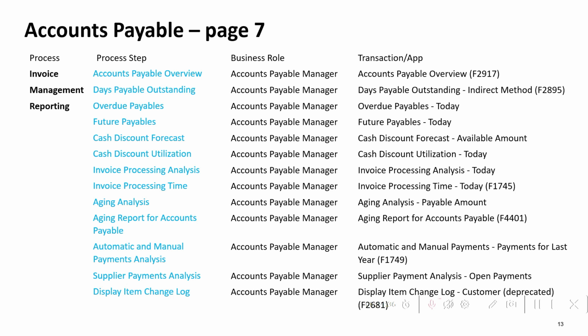Accounts payable overview, days payable outstanding, overview payables, future payables, cash discount forecast, cash discount utilization, invoice processing analysis, invoice processing time, aging analysis, aging reports for accounts payable. Automatic and manual payments analysis, supplier payments analysis, display item change log. So these are all the accounts payable reporting aspects.